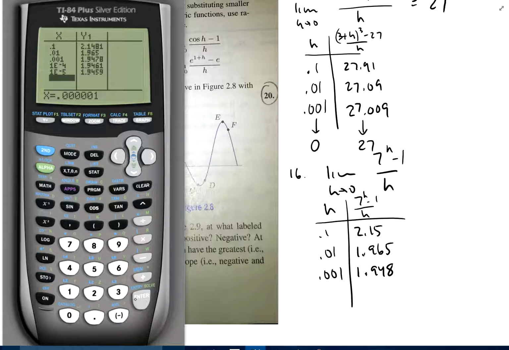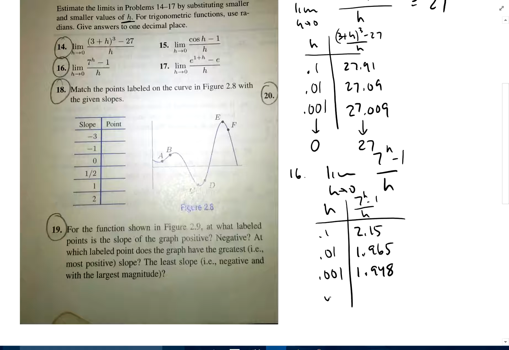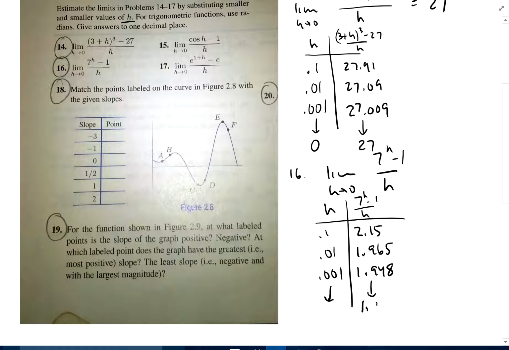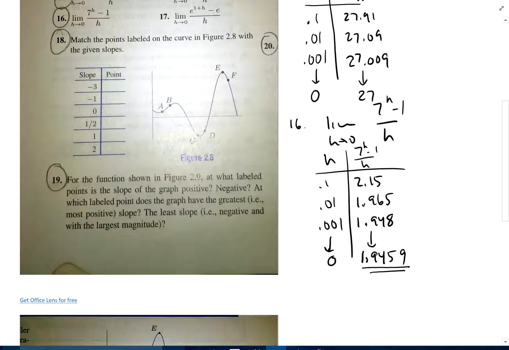Okay, well, to 4 decimal places anyway, it's going to 1.9459. Okay, and we're going to learn later on, as h goes to 0, how can we get that number without just making an approximation on our calculator? We will get there, rest assured.